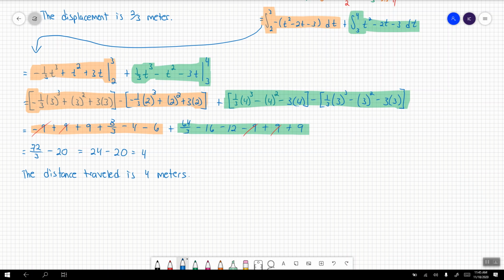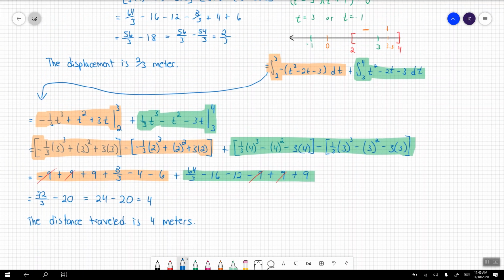So 4 meters versus the displacement, which was given by 2/3, that's a big discrepancy. So we must always be on the lookout for those types of problems where we have to see what is the displacement versus what is the total distance traveled.